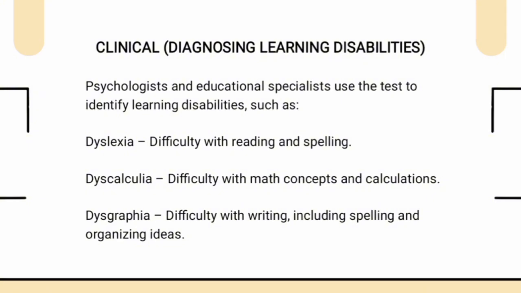Clinical, diagnosing learning disabilities. Psychologists and educational specialists use the test to identify learning disabilities such as dyslexia, difficulty with reading and spelling, dyscalculia, difficulty with math concepts and calculations, dysgraphia, difficulty with writing including spelling and organizing ideas.